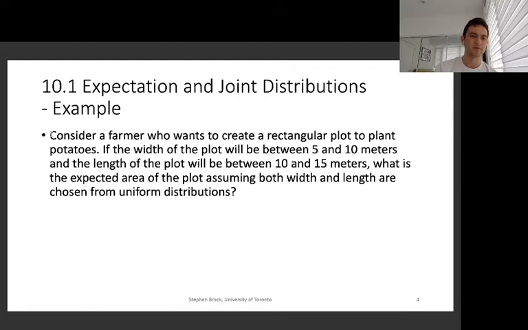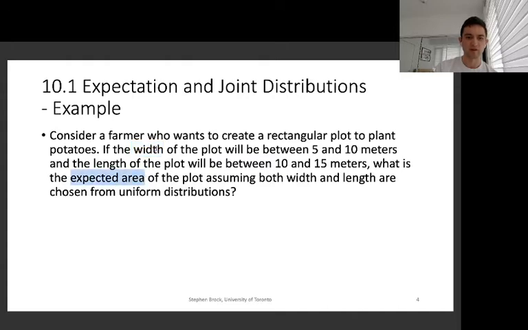Whenever you get a word problem, it's important to try and dissect the information and write out what you know. Usually this consists of having some let statements. We can see we don't really have any variables here, so we probably want to introduce some. We're looking at a rectangular plot, which has a width between 5 and 10, a length between 10 and 15, and we want the expected area.